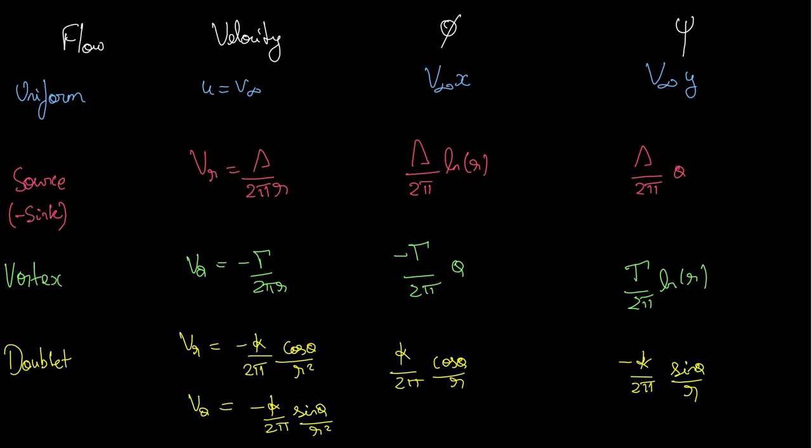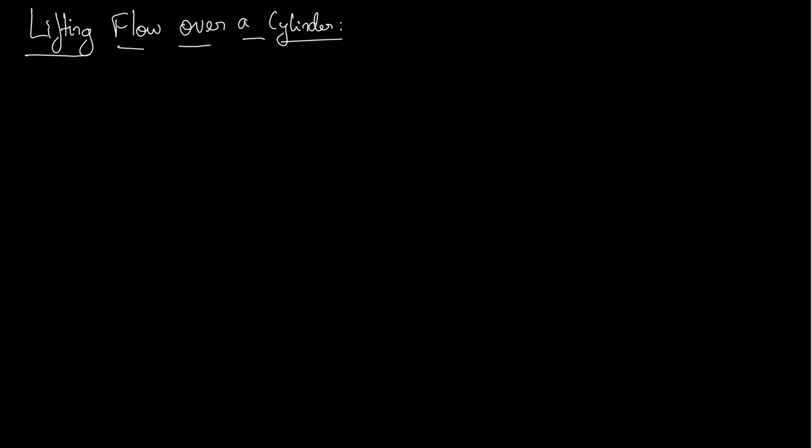Next is something very interesting that we'll be looking at. This is called the lifting flow over a cylinder. We are coming back to our introduction over a cylinder. By now you would have a vague idea of how we are going to do this, because we have looked at vortex flow, and we have looked at non-lifting flow over a cylinder.